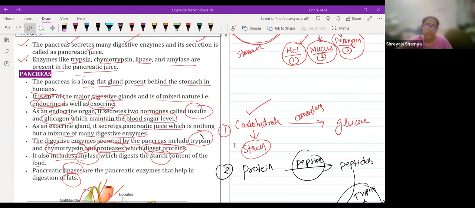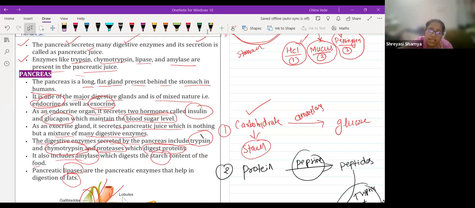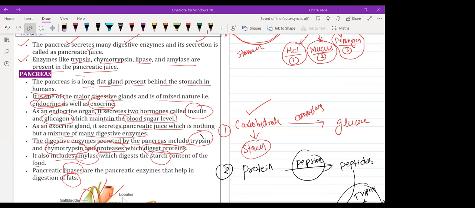Sir, I have a doubt. How is mucus made in our body? How is it secreted? See, mucus is secreted by the specialized mucus gland and the gastric gland.